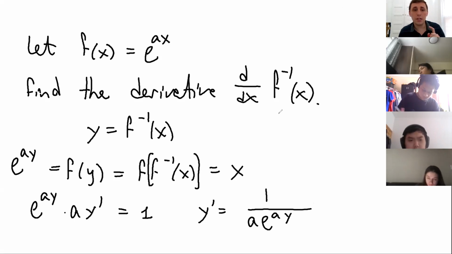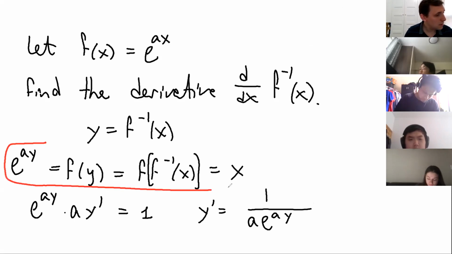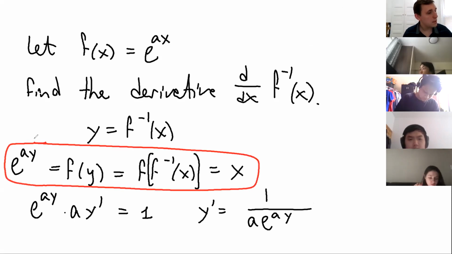Yes, but you can do even better. Look at it. What is e to the ay? You see, we can do one step better. This expression in y can be replaced by a very simple expression, which is x.